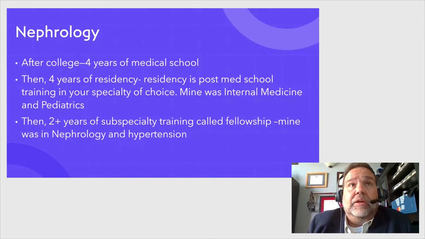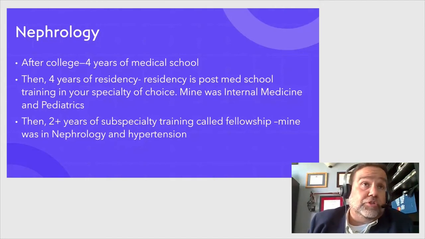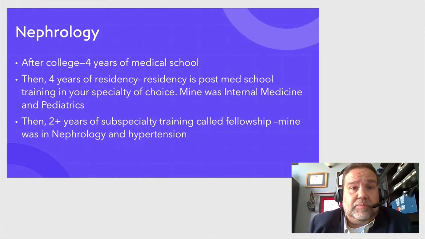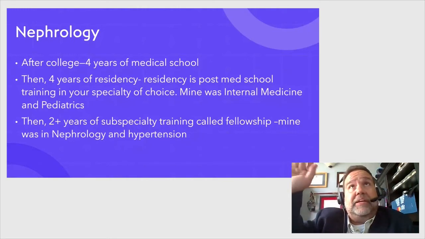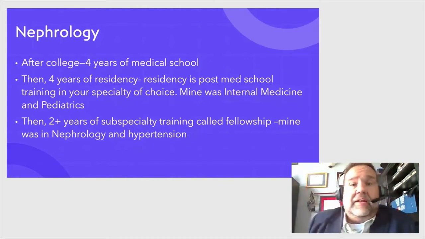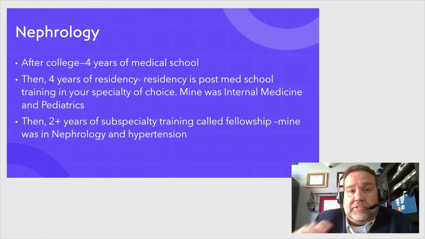For example, family and community medicine would be 3 years, pediatrics would be 3 years. Neurosurgery, if you wanted to be a brain surgeon, would be about 7 years post medical school. What I did was called internal medicine and pediatrics, and that took me 4 years to get board certified in both specialties.